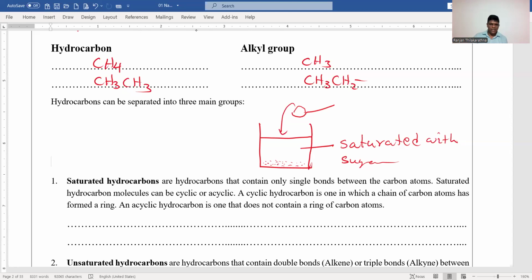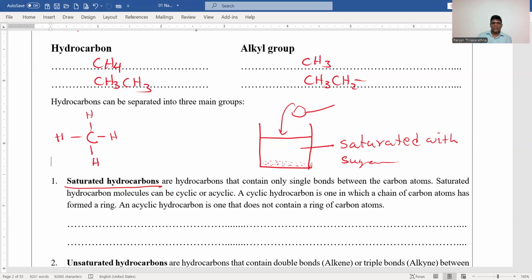In the same way, for saturated hydrocarbons, we know that carbon can form a maximum of 4 bonds. No more hydrogen can be added to this. If you take CH4, it consists of the maximum number of hydrogen atoms and no more hydrogen can be added.